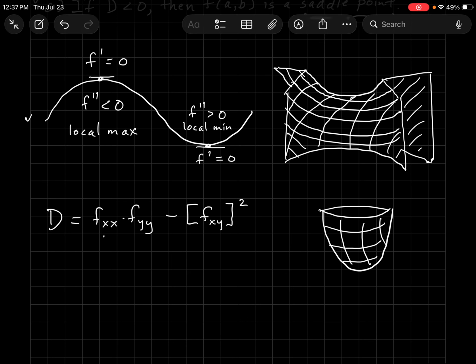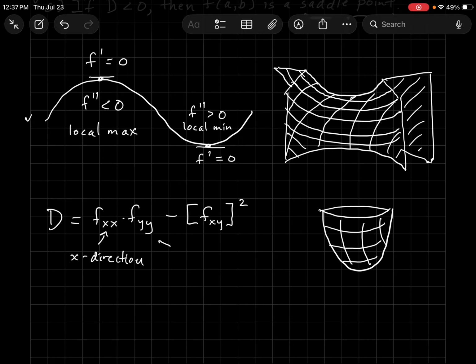f of xx is talking about how the function changes strictly in the x direction, or how it's trying to change. I know it's the change of the rate of change, but I think of this as how the function really wants to change and bend in the x direction, like strictly x direction.